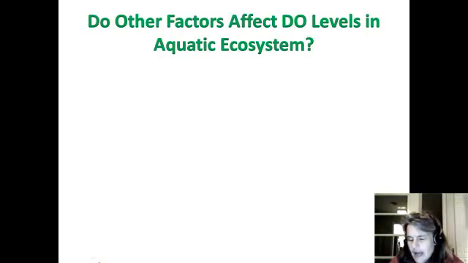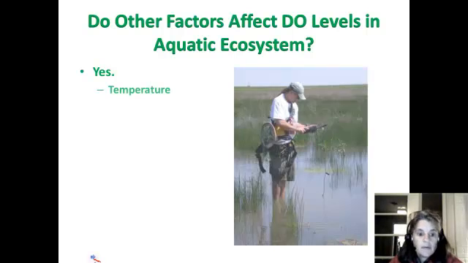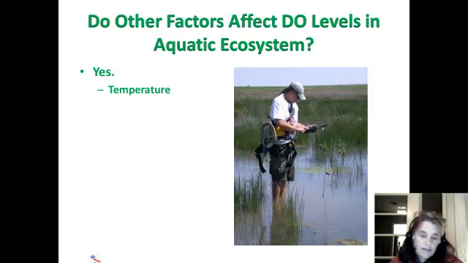Now, do other factors, besides the living things, affect the dissolved oxygen concentrations in water? Certainly they do. For example, temperature can affect aquatic ecosystems. Warmer water cannot hold as much oxygen as cold water.